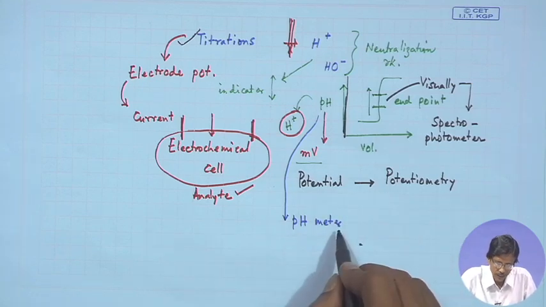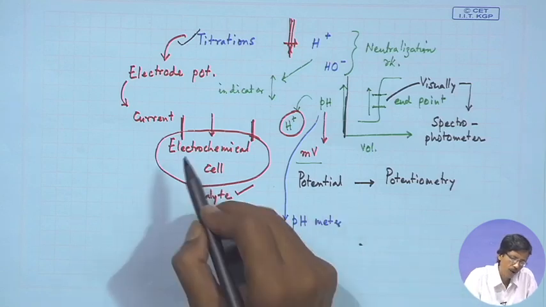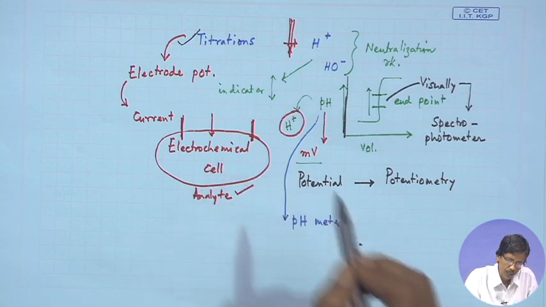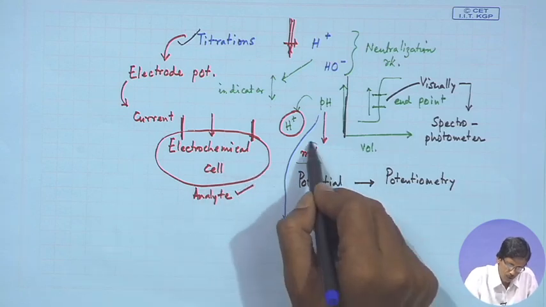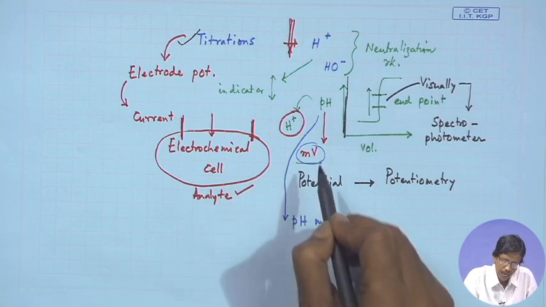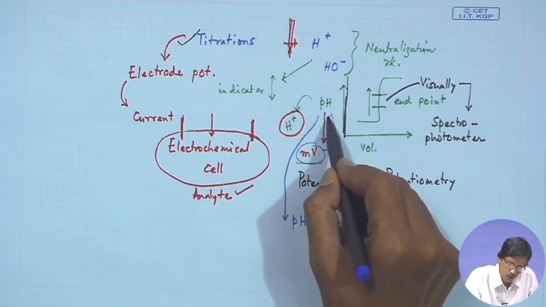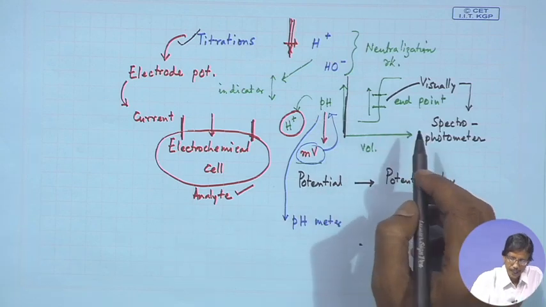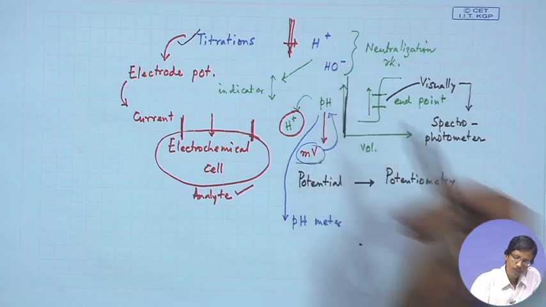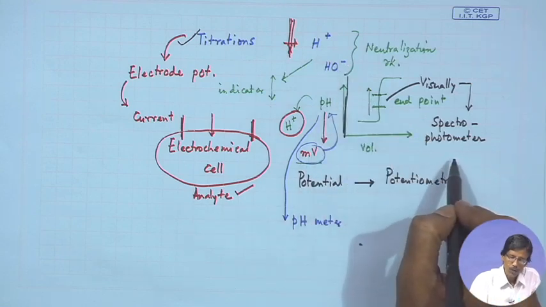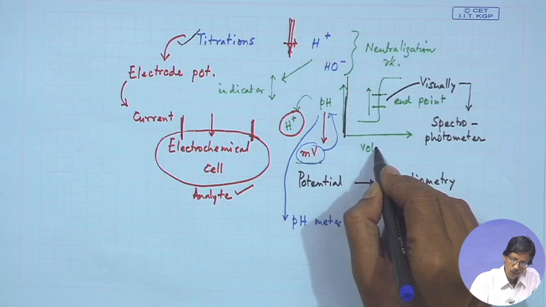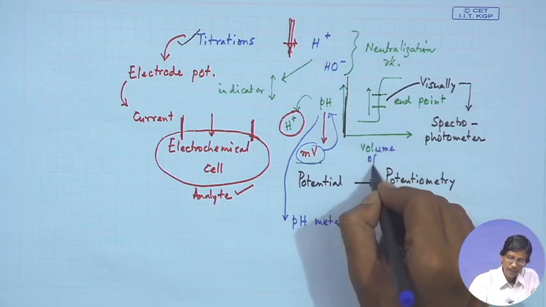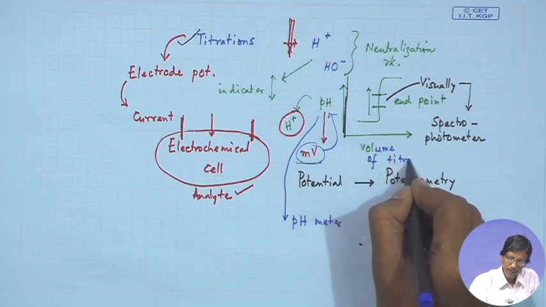With this pH meter, we will find that an electrochemical cell arrangement is utilized to detect the corresponding millivolt values, and these millivolt values can be correlated to the pH. What we were earlier studying is a very interesting one, that we just plot the pH against the corresponding volume of the analyte. It is not voltage, do not make any mistake over here, that is the volume of the titrant.